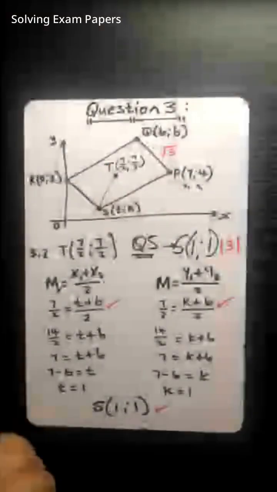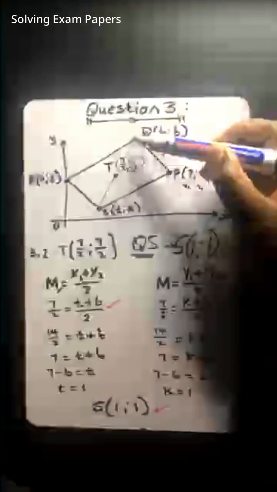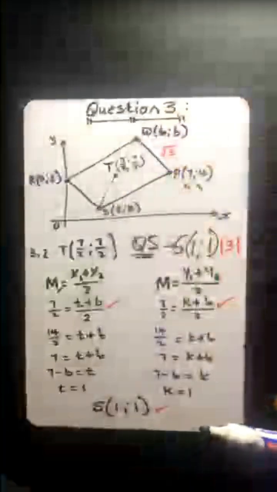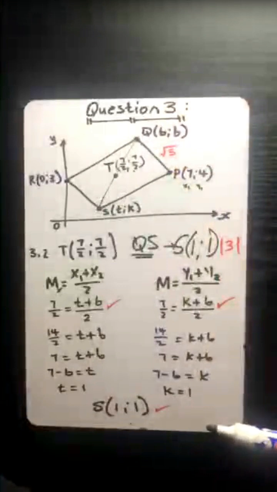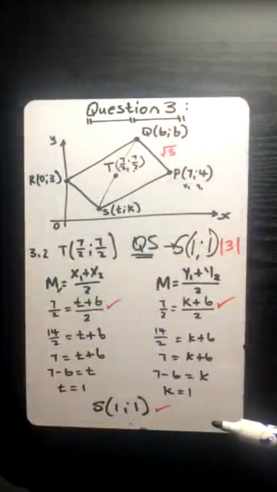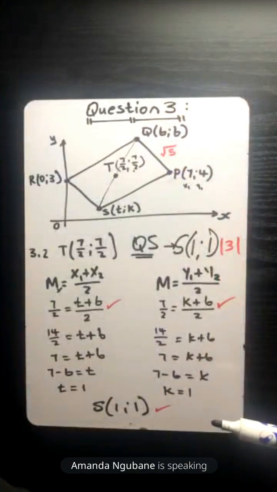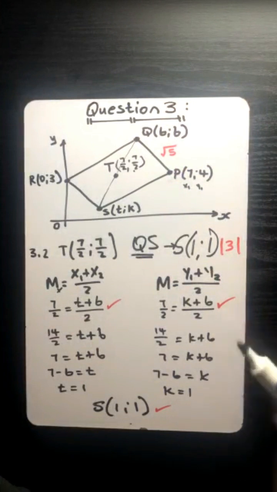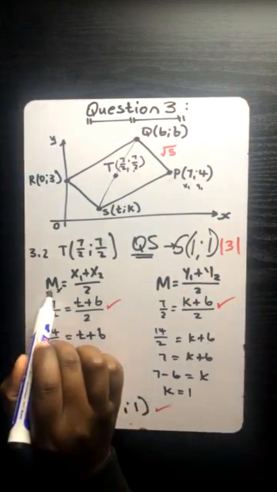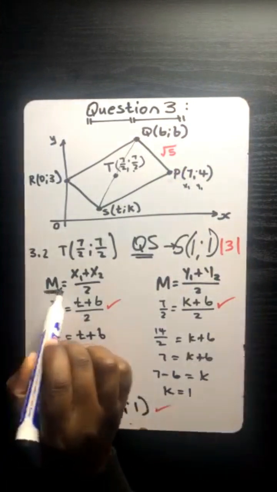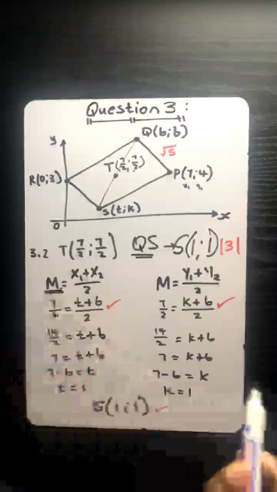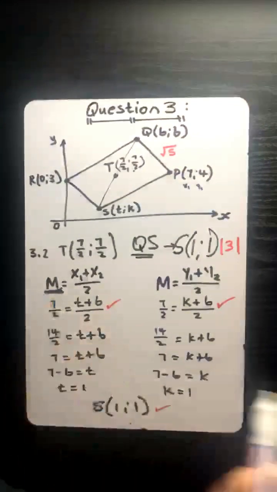Sir, why did you substitute the 7/2 by the M, by the midpoint? Okay, it's because according to that statement, we are having 3 points, Q, T, and S. So the question is, which point is in the middle? It's T. So that is why I'm substituting the T in the position of the middle point on the formula, because M refers to the middle point.